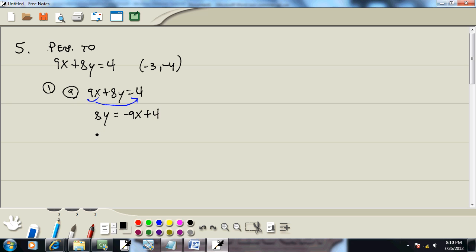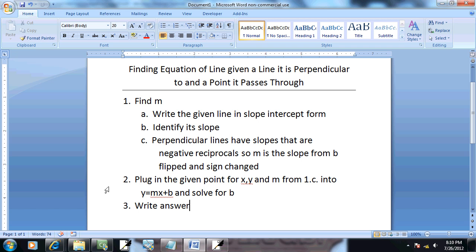Then divide everything by 8. And we get y is equal to negative 9/8 x plus, and that simplifies to 1/2. Not that we need it, but okay. B is identify the slope.